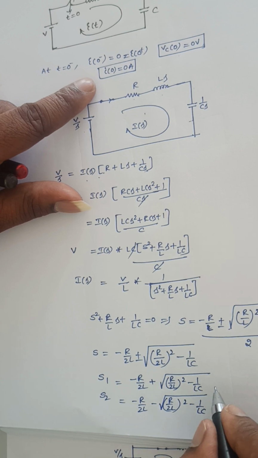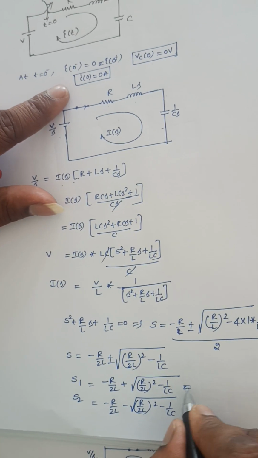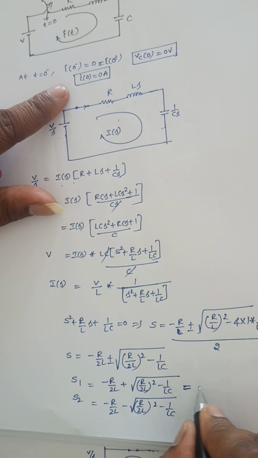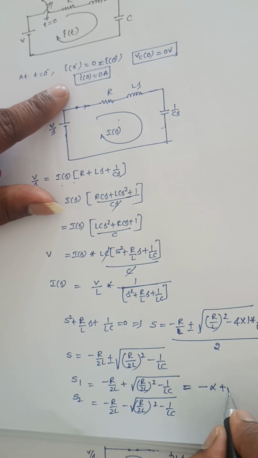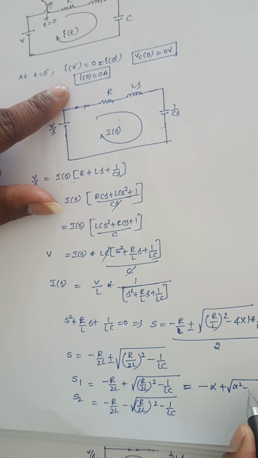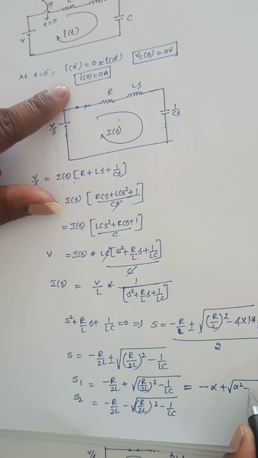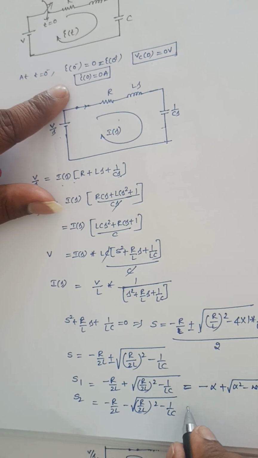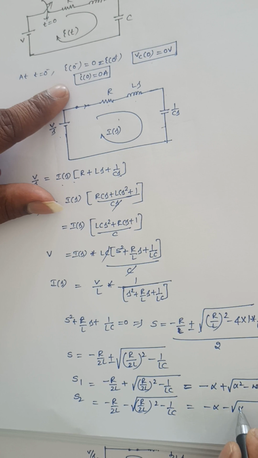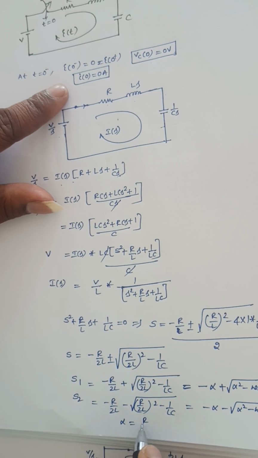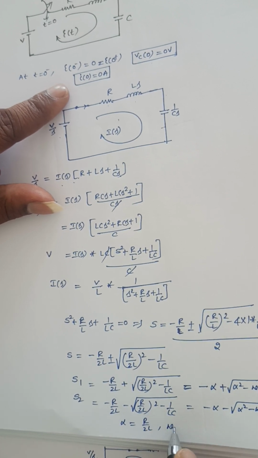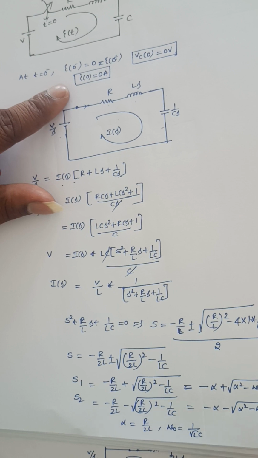Now let us assume R by 2L is alpha. So it is minus alpha plus square root of alpha square minus omega naught square, and minus alpha minus square root of alpha square minus omega naught square, where alpha is equal to R by 2L and omega naught is equal to 1 by root LC.